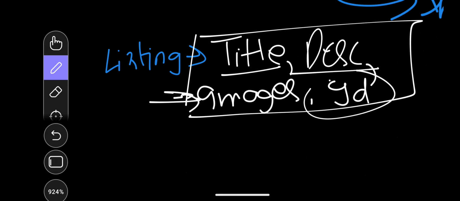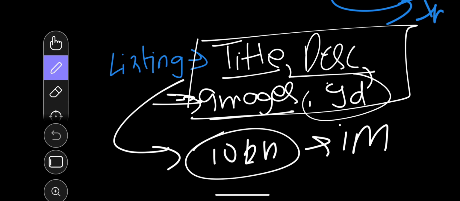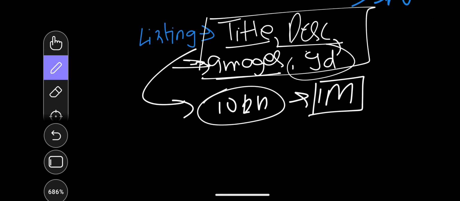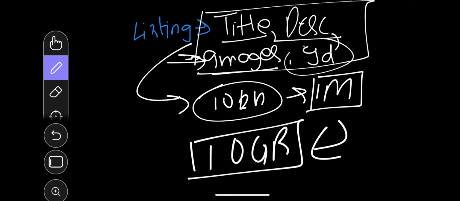Let's assume the images will be links, pointing to the images. So the whole listing will take hardly, let's say, 10 KB, and we have 1 million listings. So 10 KB times 1 million will be around 10 GB. It's very little.